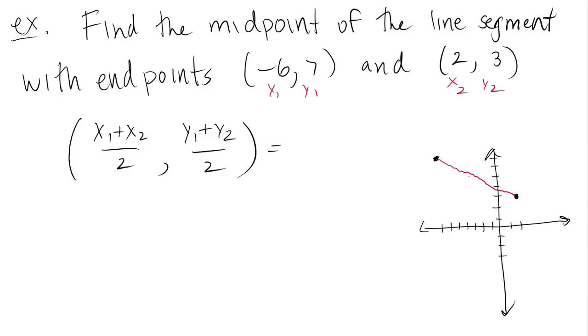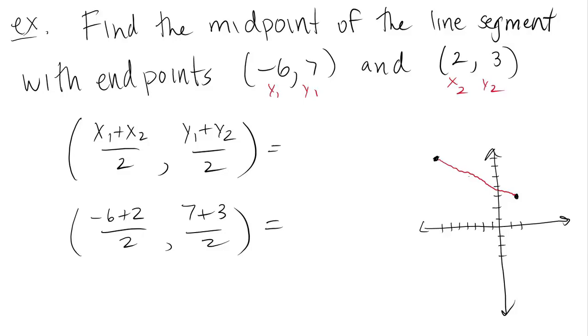Let's find this midpoint. So that'd be (-6 + 2) all divided by 2, and then (7 + 3) all divided by 2. This arithmetic isn't difficult, but a lot of people will still use their calculators, especially on exams, which I encourage. You shouldn't risk losing points just out of mathematical pride.